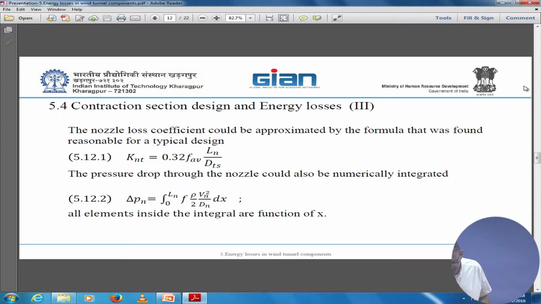The last day, we'll take some example of a wind tunnel where they were doing this exercise. It's a nice exercise. They built a 50 centimeter tunnel, and they show you step by step how to choose their elements and how to calculate the loss.